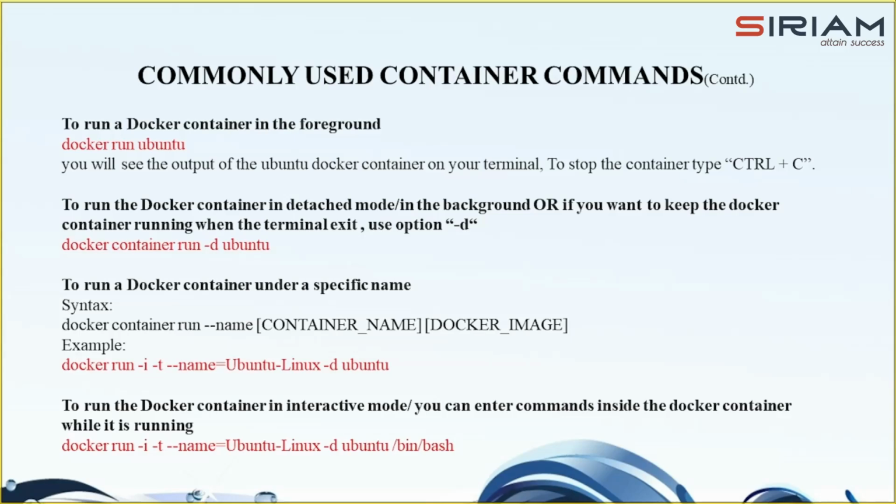What it is doing: you are creating a Docker container named ubuntu-linux based on the Ubuntu image, and the -i flag keeps standard input open even if not attached, and the -t flag allocates a terminal for interaction. Finally, /bin/bash specifies the command to run inside the container, allowing you to enter commands interactively.